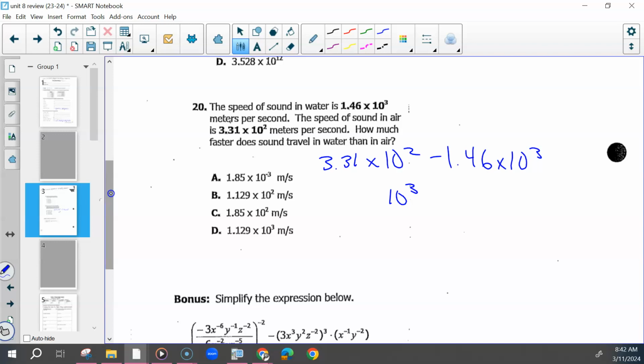I did it the wrong way. I switched them. It should have been the other way around, but if we had subtracted, we wouldn't have gotten a positive number.